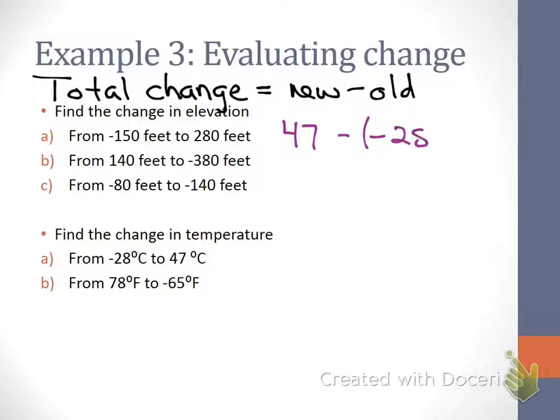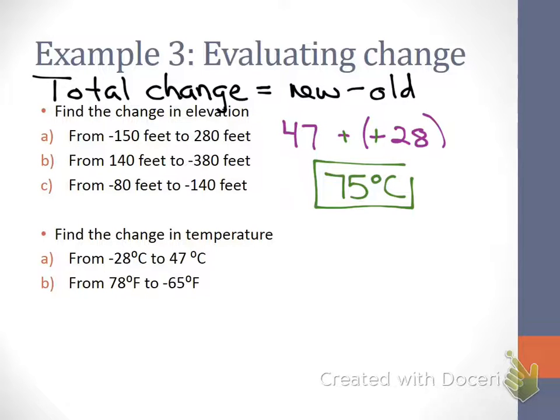Negative 28. What happens to my double negative? Changes to a positive. And that's going to be what? 75 degrees Celsius. Positive or negative? Positive. How do I know that my answer is practical? Because I went from negative 28 to positive 47. Went up in value, my answer is positive.